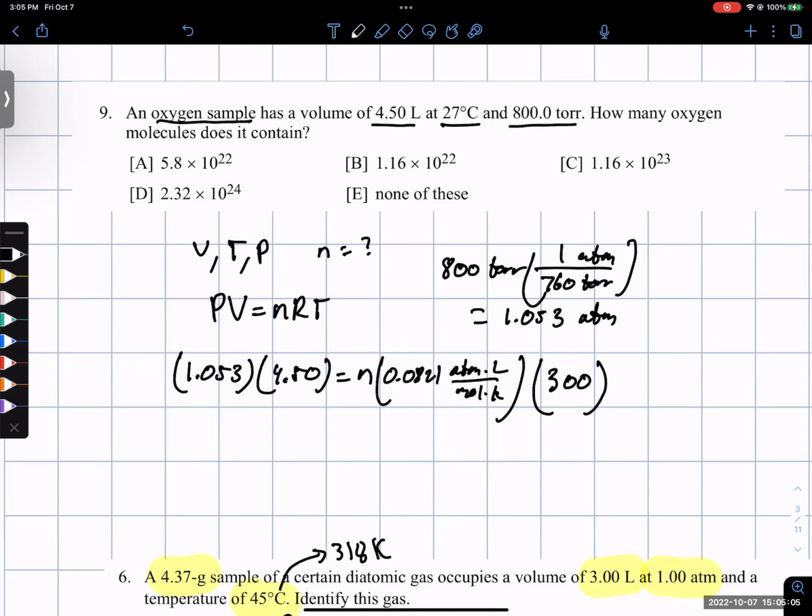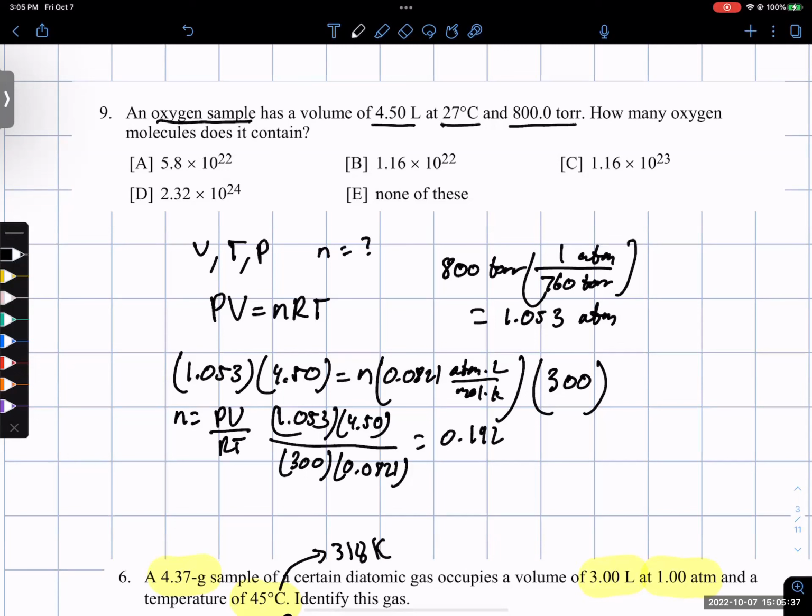All right, and as Adi mentioned before, to get our n, all we have to do is just PV over RT. So that's 1.053 times 4.5 over 300 times 0.0821. Now, if we solve that out, we will get approximately 0.192, and this is in moles.